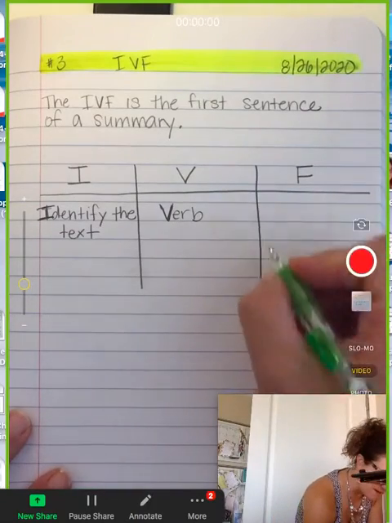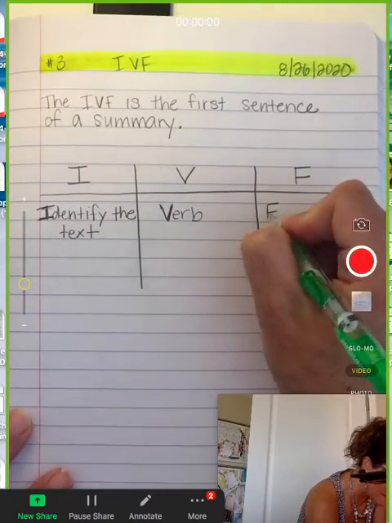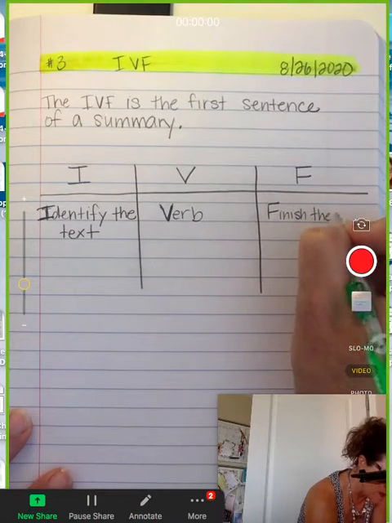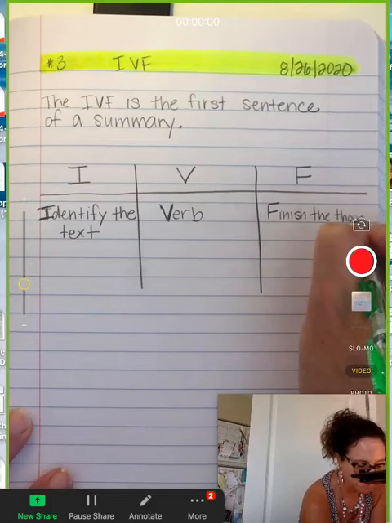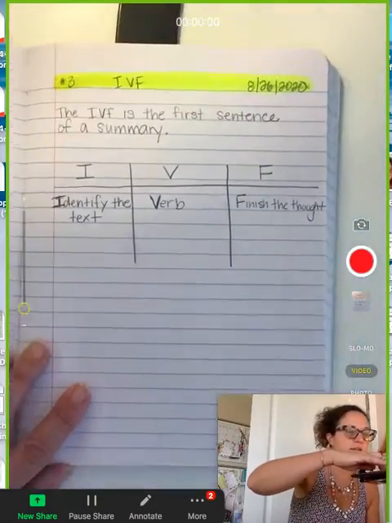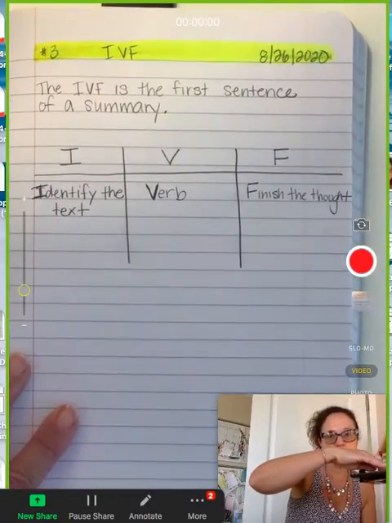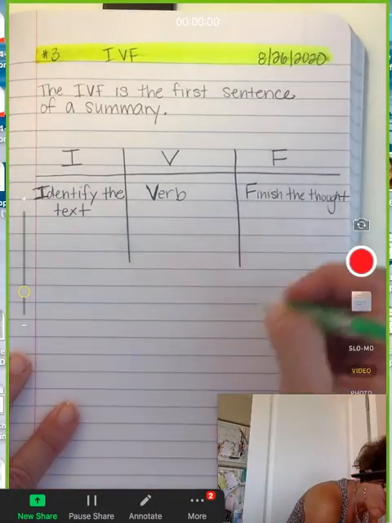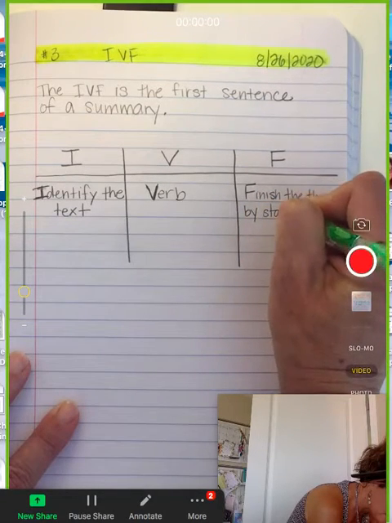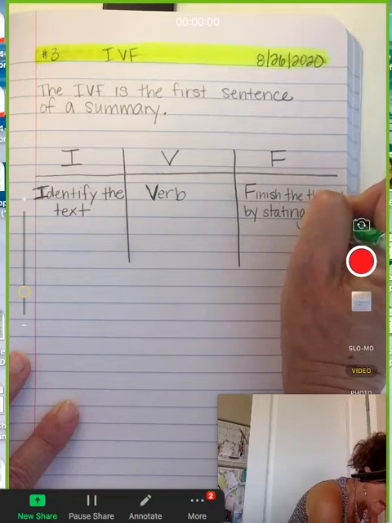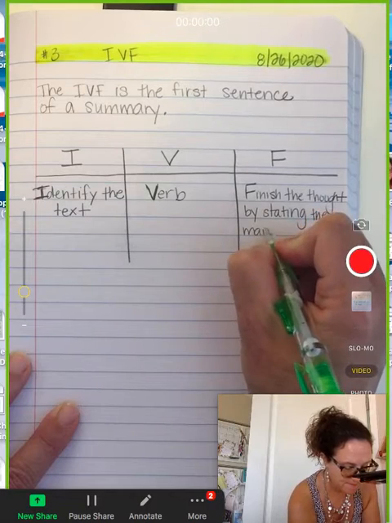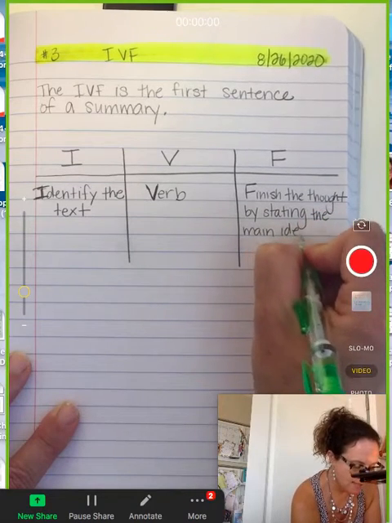And the F is finish the thought. I'm going to squeeze it in. I'm going over my margin just so we can fit it all in. Finish the thought by stating the main idea. Now that part's tricky. The main idea.